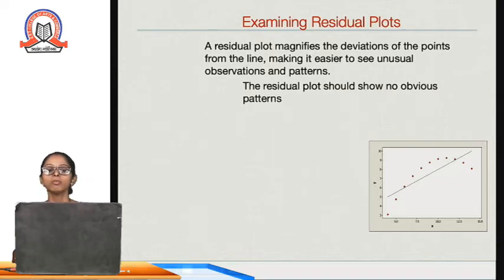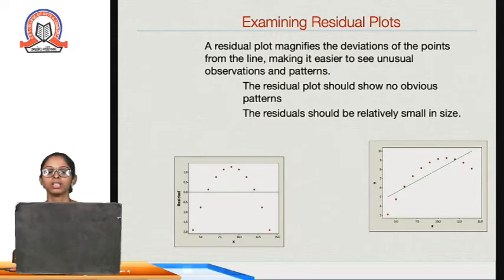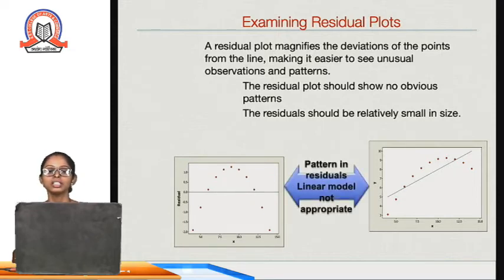The residual plot should show no obvious pattern. The residuals should be relatively small in size. The second graph also shows an examination of residual plots: a pattern in the residuals means the linear model is not appropriate.